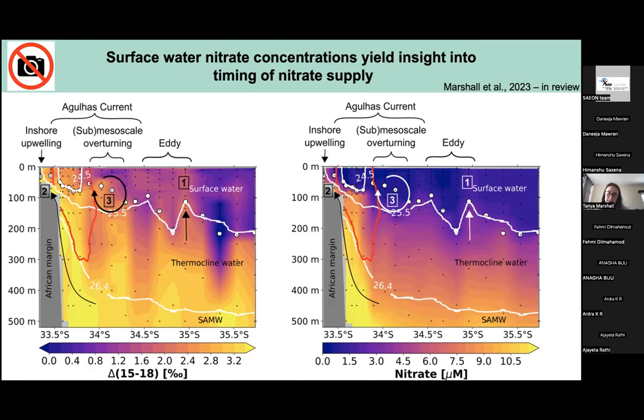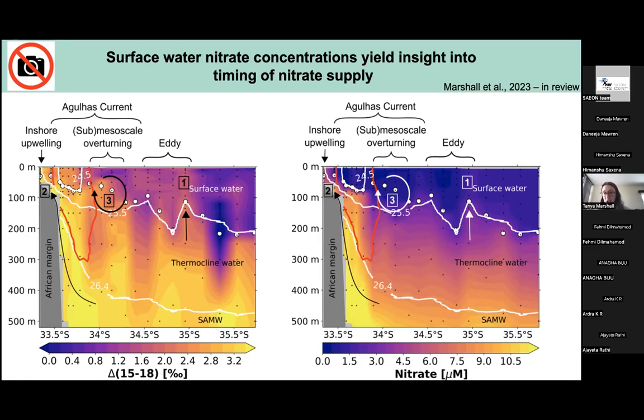So what that means is that if you supply nitrate, the limiting nutrient, to the surface ocean, phytoplankton will rapidly assimilate this nitrate, and by rapidly, I mean within hours of supply. It of course has something to do with the relative rates of supply and drawdown. But in general, elevated nitrate concentrations in the surface layer indicate that the nitrate supply was ongoing.